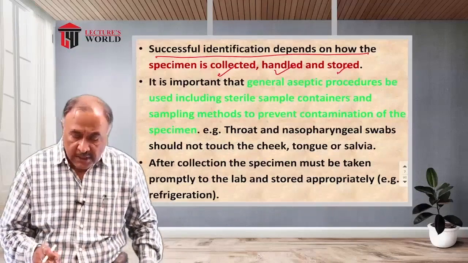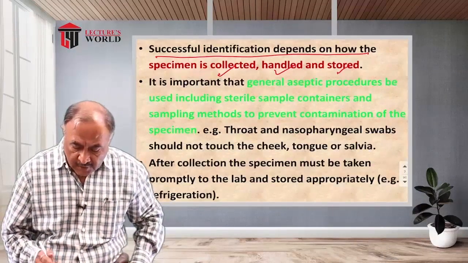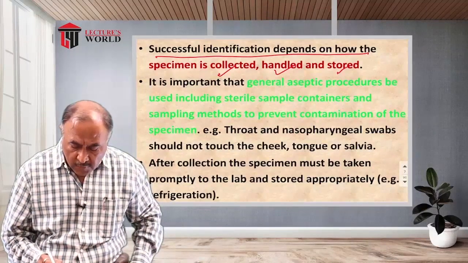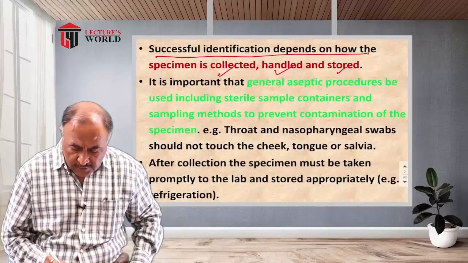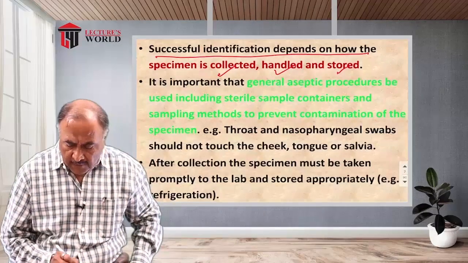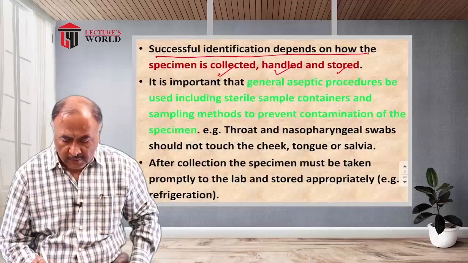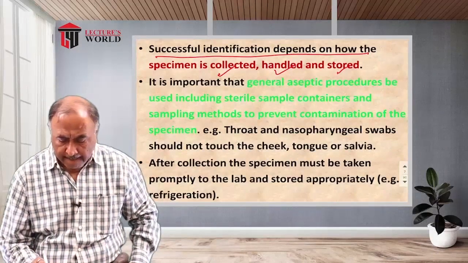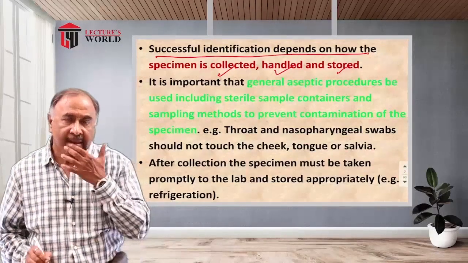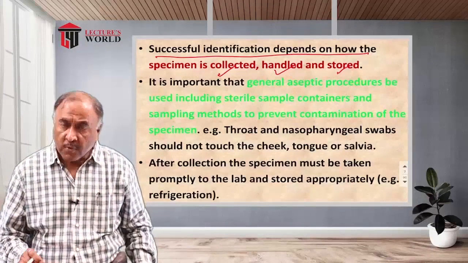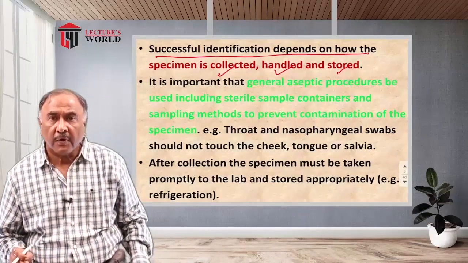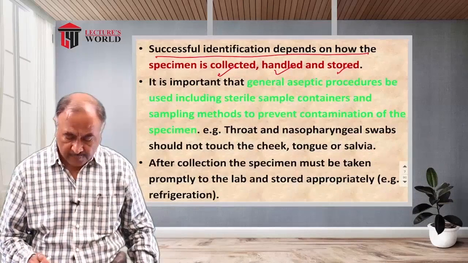Here the size is smaller and the chains are very short, around 3 to 4 cocci in the chain, as you can see here, not more than that. Streptococcus pneumoniae is responsible for causing pneumonia.